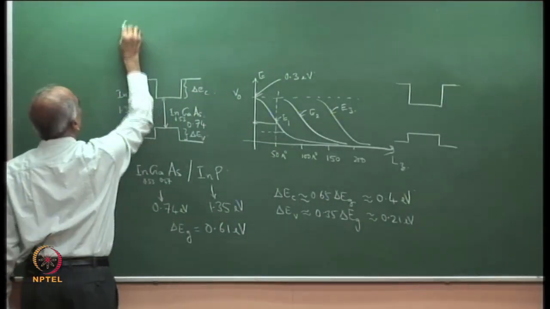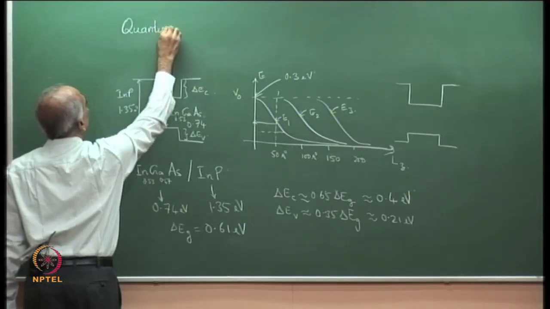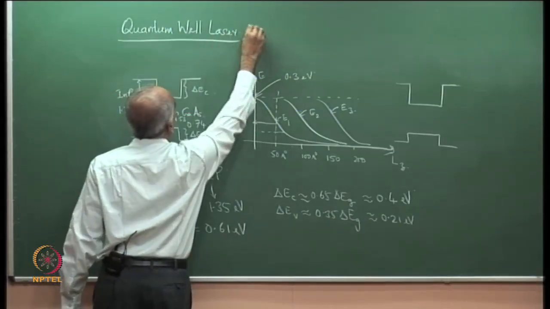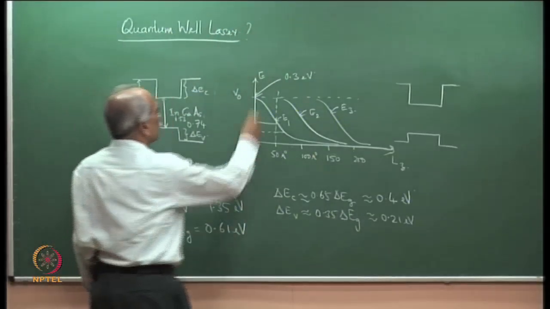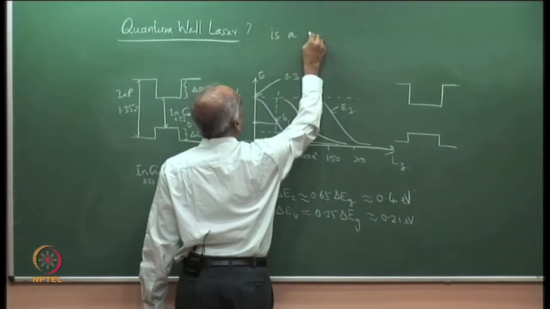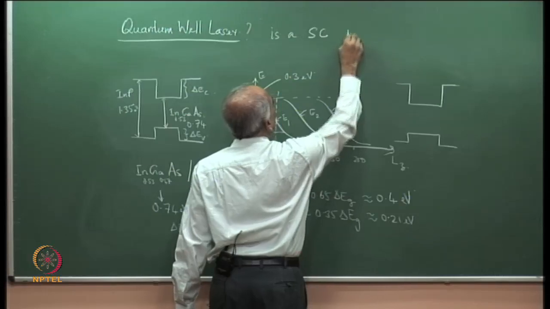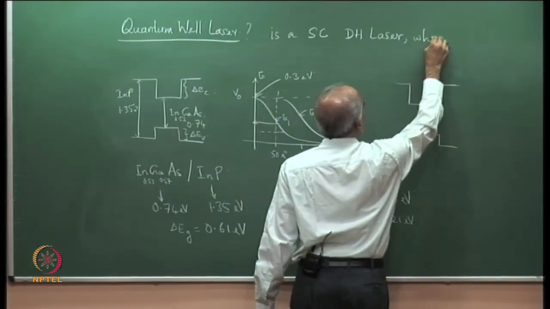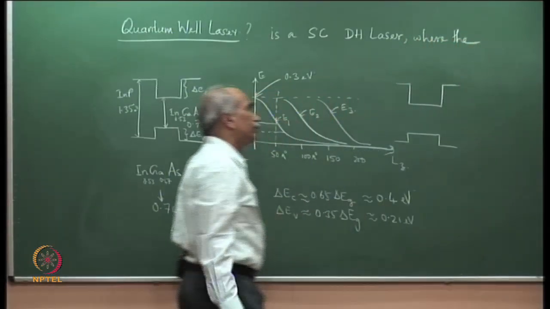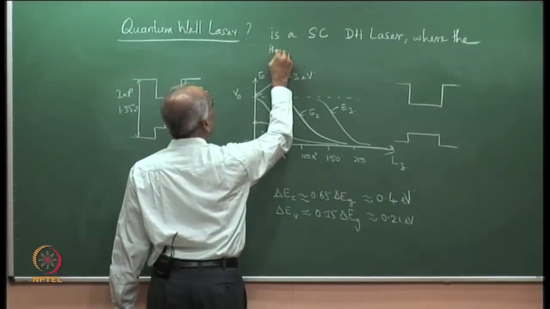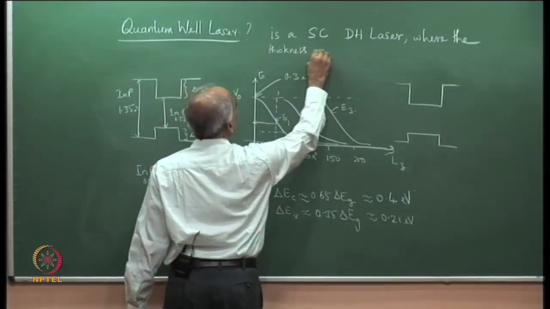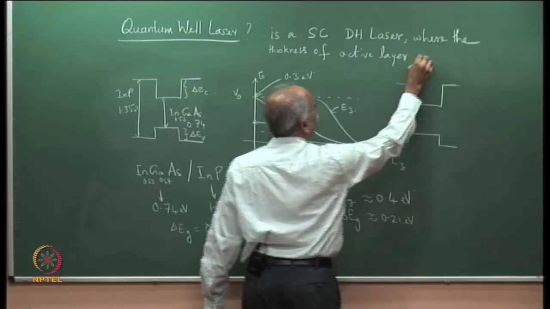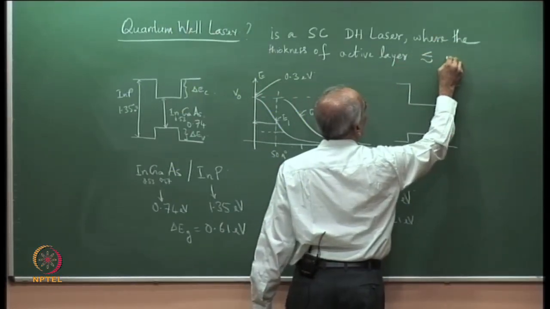A quantum well laser is a semiconductor double heterostructure laser, DH laser, where the thickness of the active layer is less than or of the order of the de Broglie wavelength of electrons.